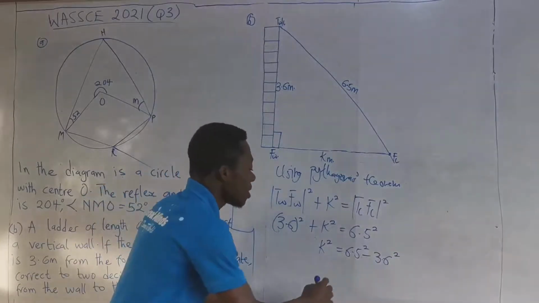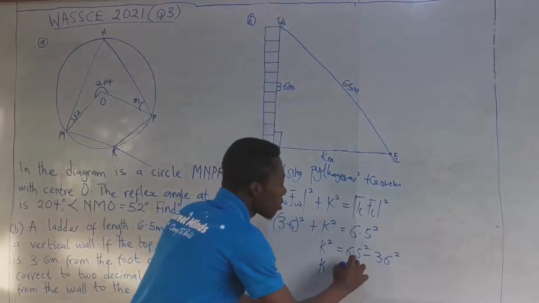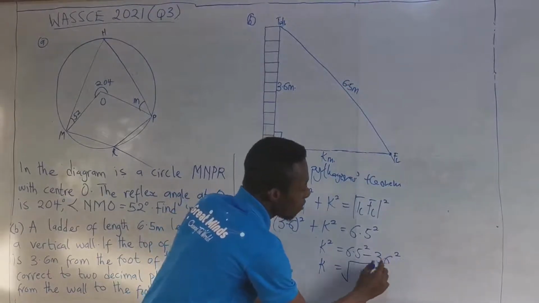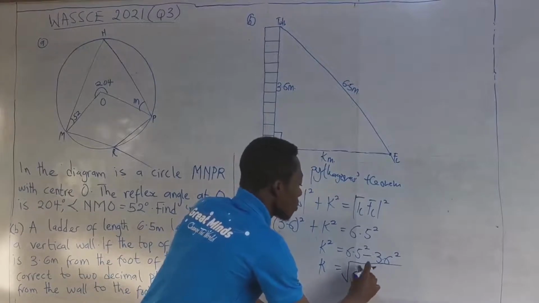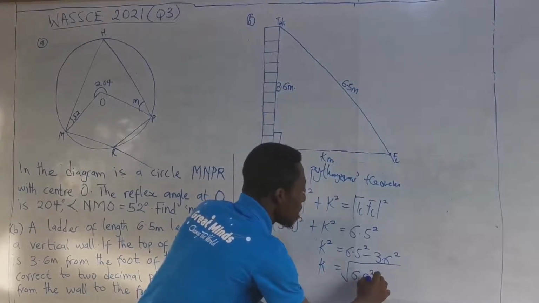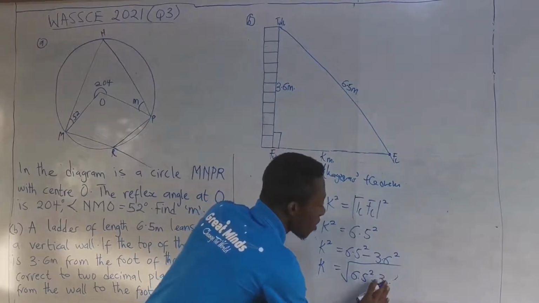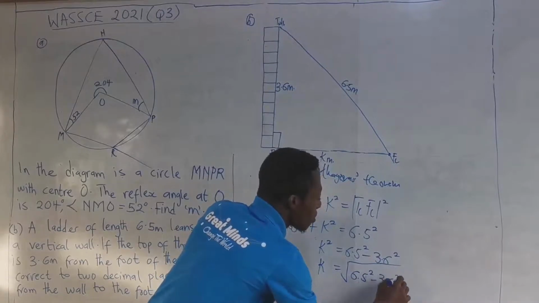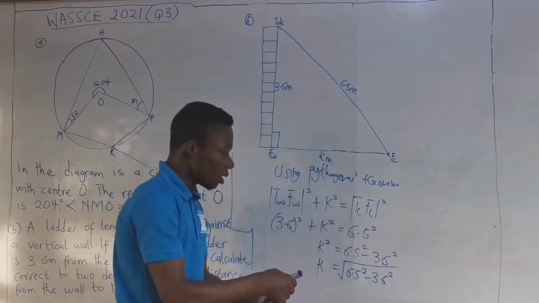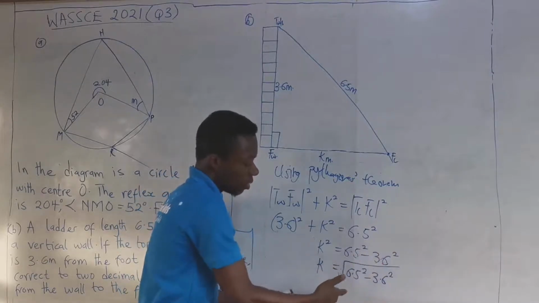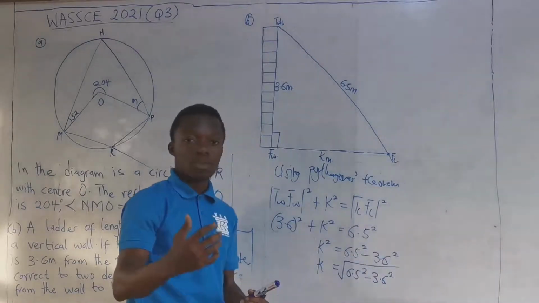So k should be equal to the square root of 6.5 squared minus 3.6 squared. Once you get to this stage, you use your calculator to key in the square root of 6.5 squared minus 3.6 squared.